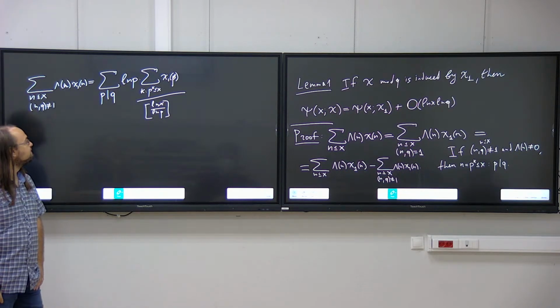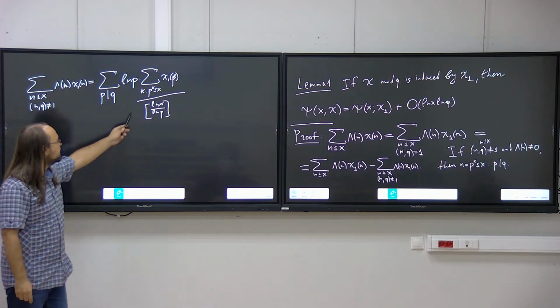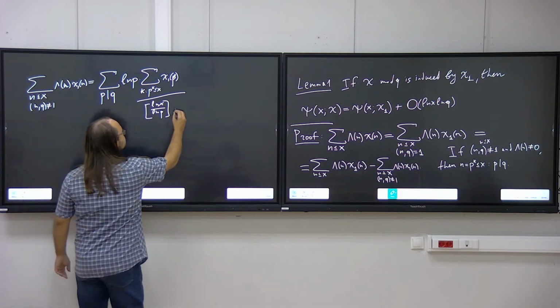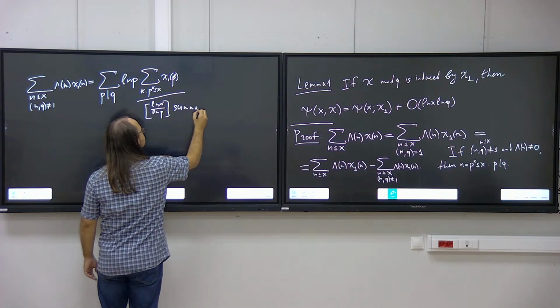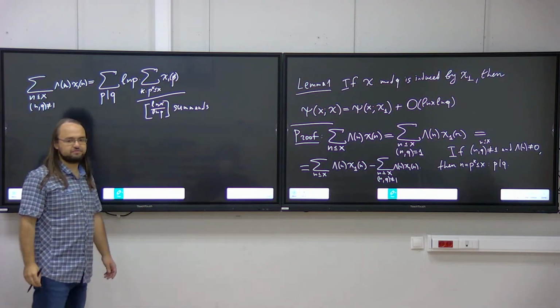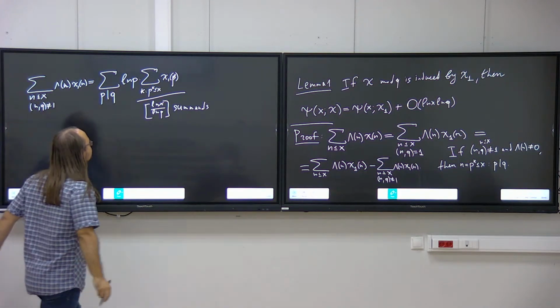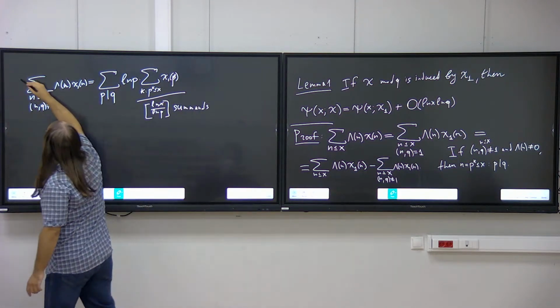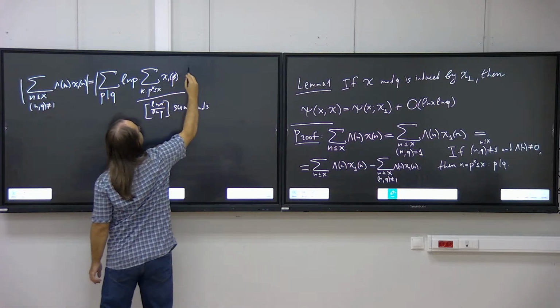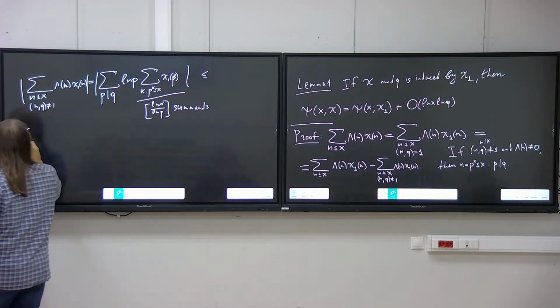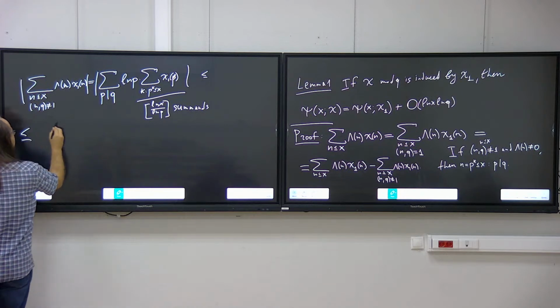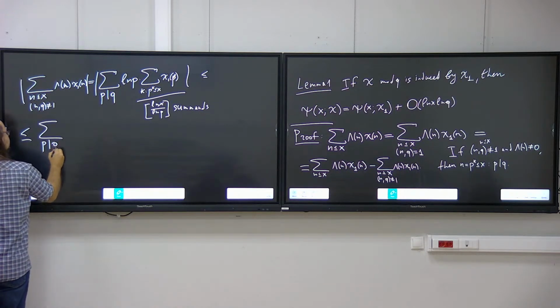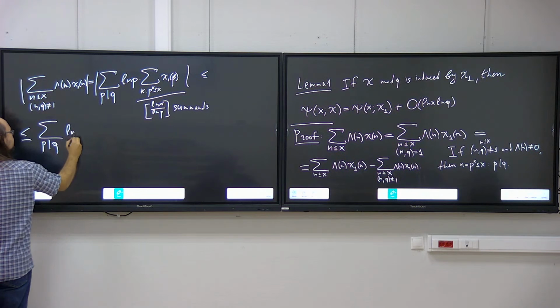Once again, we have just counted how many extra summands we have. Correct? So the absolute value of this sum is at most, we estimate everything trivially, at most the sum over all p dividing q of logarithm of x.